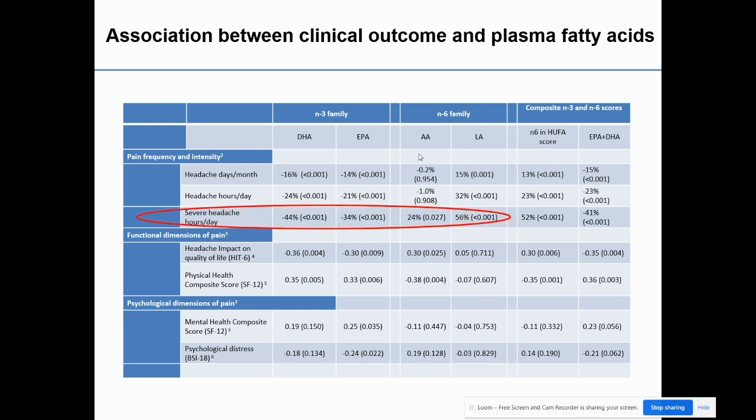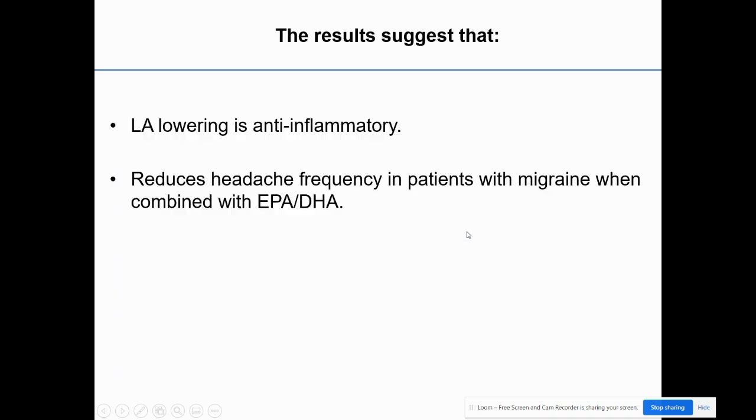There was also an association between LA levels in the blood and headache hours per day. So you can see that the highest predictor for headache severity was circulating or plasma LA levels, basically, followed by omega-3 EPA, DHA, and then finally arachidonic acid, which is an elongation desaturation product of LA.